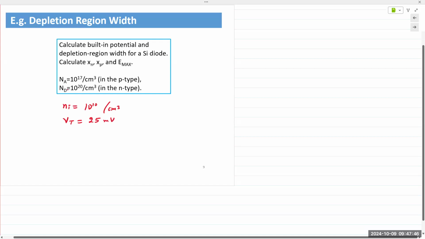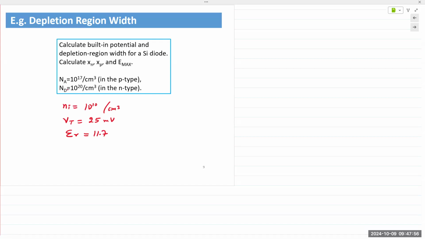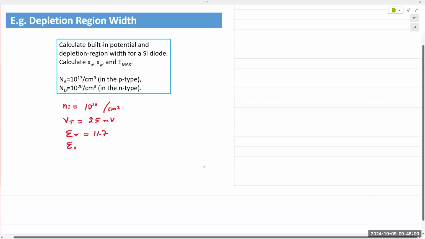You need epsilon R, which is 11.7. It's a ratio, or relative permittivity, to the permittivity of free space. Epsilon 0 is 8.85 into 10 raised to minus 14 farads per meter.